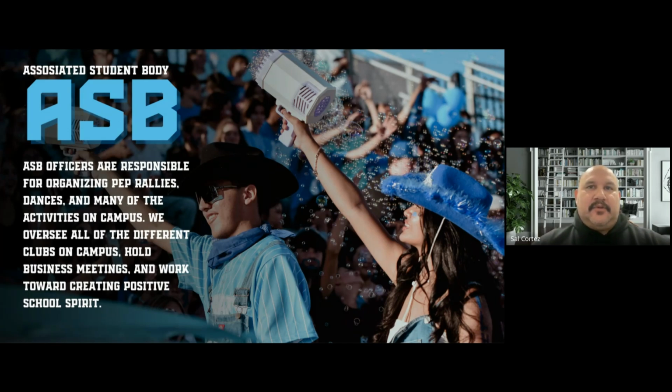ASB plays a vital role in shaping a school's culture. It helps create a positive and inclusive environment. You will work together through leadership and teamwork, and you gain valuable skills such as communication, problem solving, and event planning. Plus, being part of ASB looks good on college applications. So if you're interested, you can get started by completing the ASB application that's linked on our elective slide.